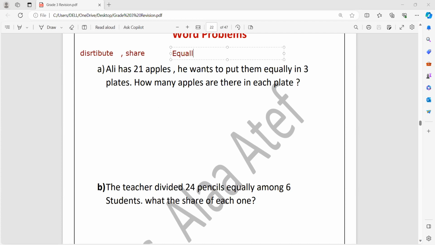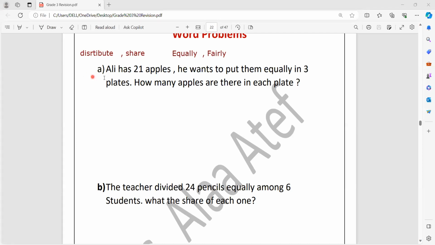As we said, we must put the same number in each group or give each one the same number. Fair distribution, or equal distribution. All of these words mean I have division.